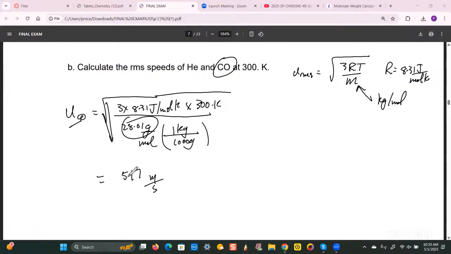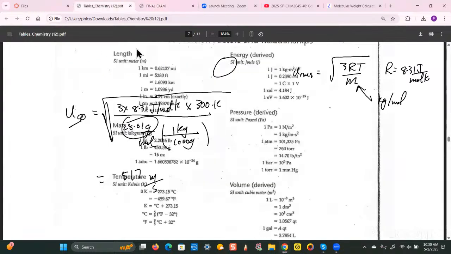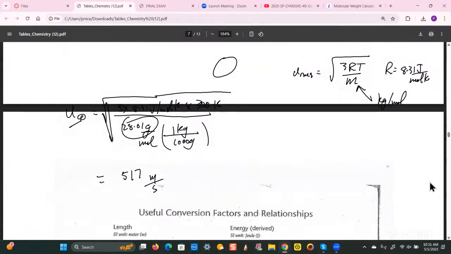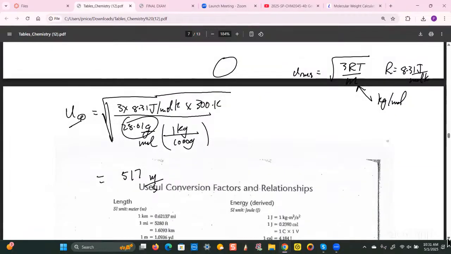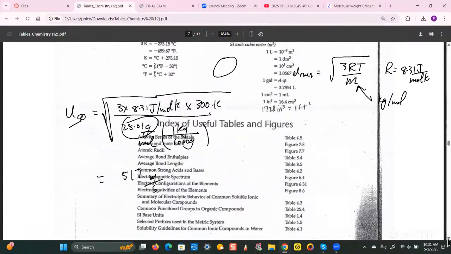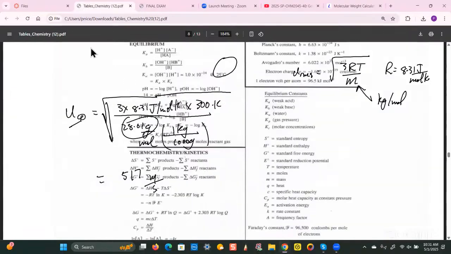Is this formula in the package? Good question. Let me see. Okay, should be here.